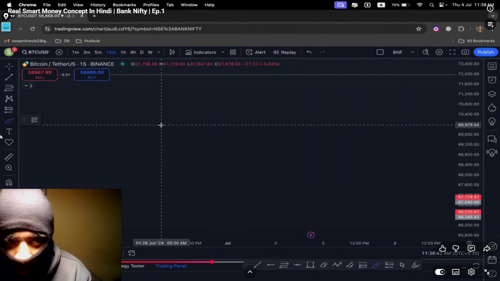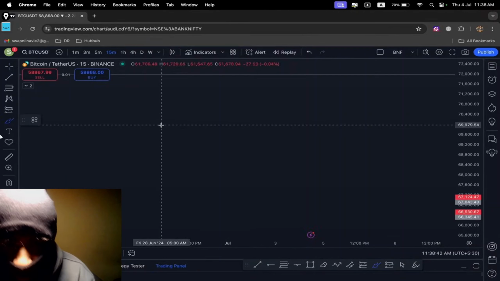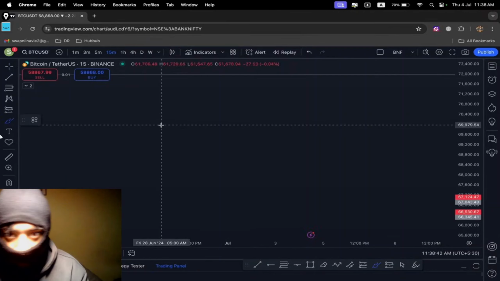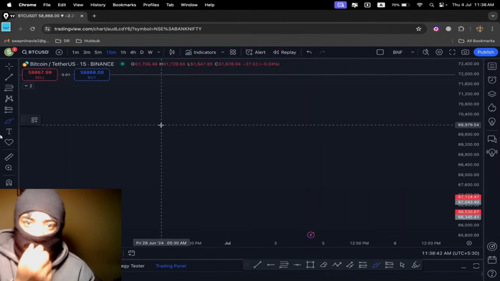He is saying that SMC is smart money concept, like it's a concept, and SMC full form is smart money concept. Okay.